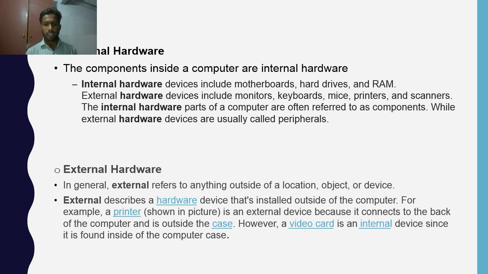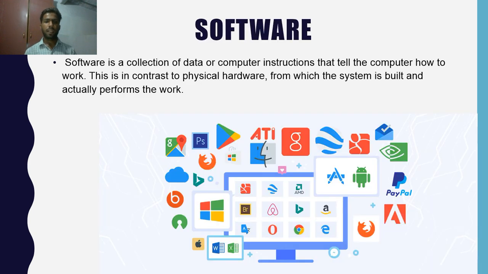External describes a hardware device that is installed outside of a computer. For example, a printer is an external device because it connects to the back of the computer and is outside the case. However, a video card is an internal device since it is found inside of a computer case.